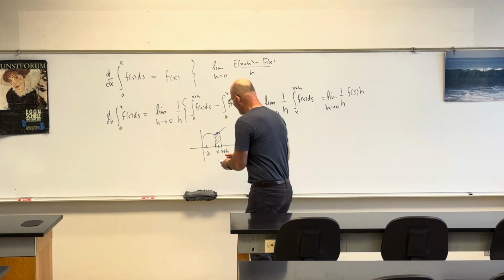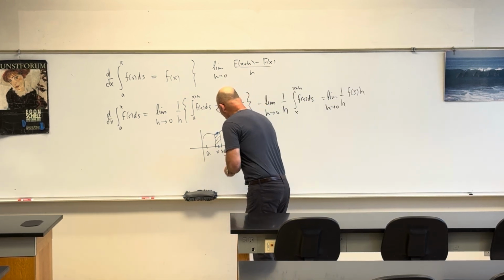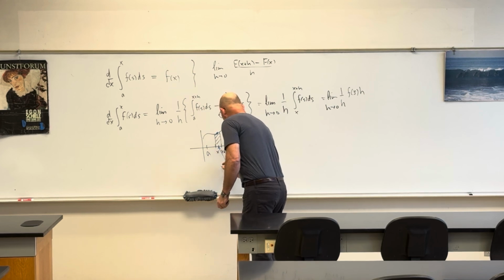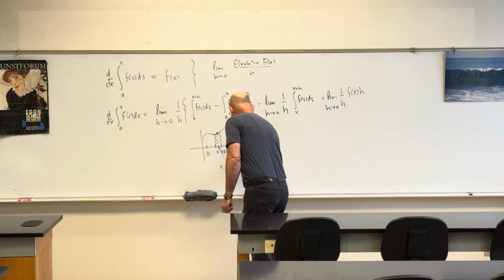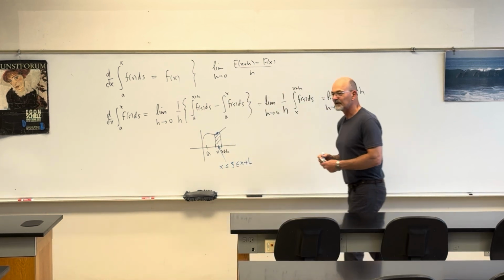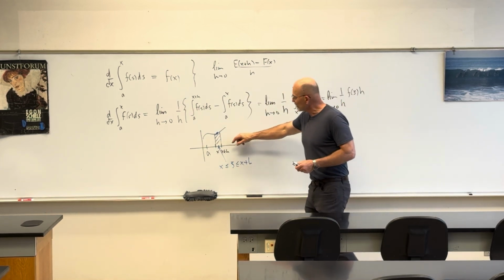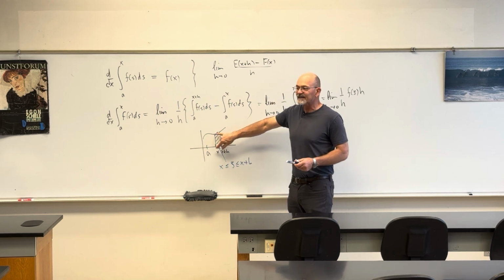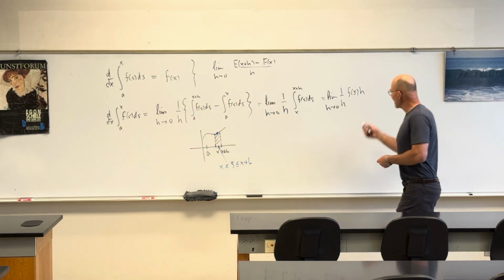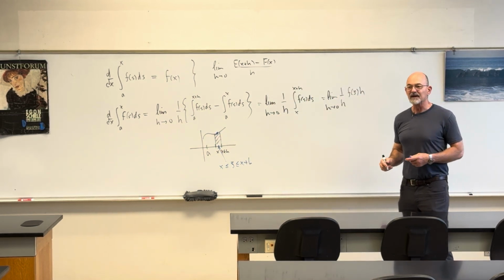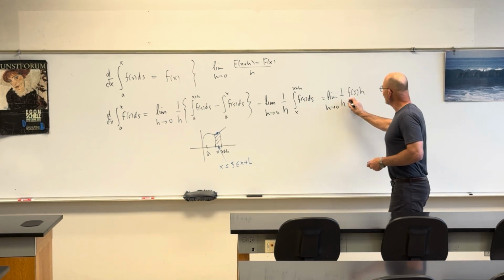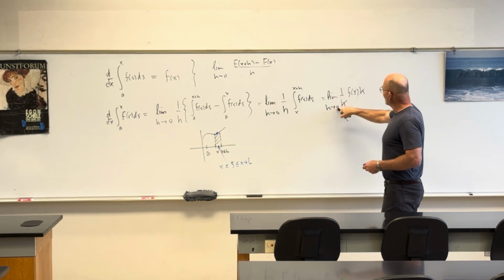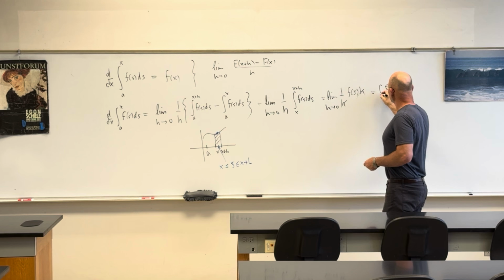There's some point between x and x plus h, so x is less than or equal to c, less than or equal to x plus h. There's a point at which that integral is equal to this width times the height at that point. That's something you guys saw when you first learned calculus, right? And then these cancel, and as h goes to 0, this turns into f of x.